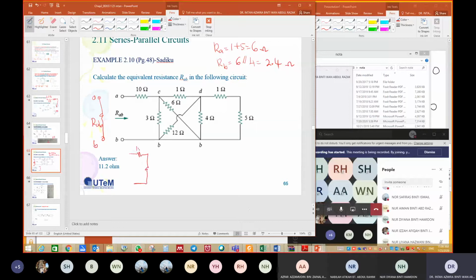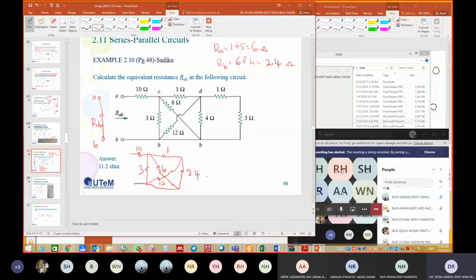This one is 10. This one is 3. Okay. And then we have 6. Okay. We have 12 here. We have 1. Okay, so 2.4 is here.